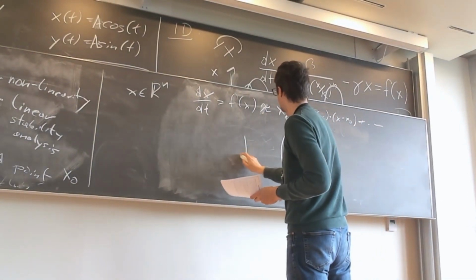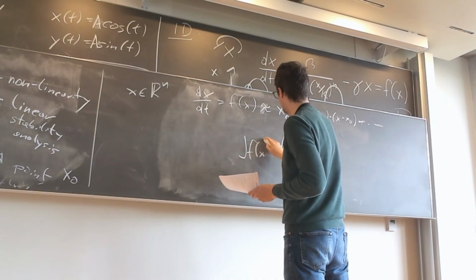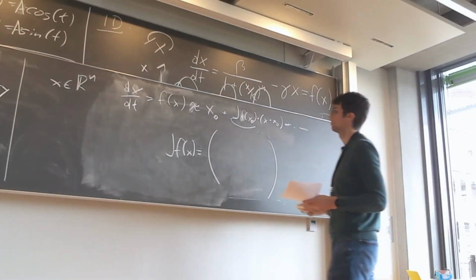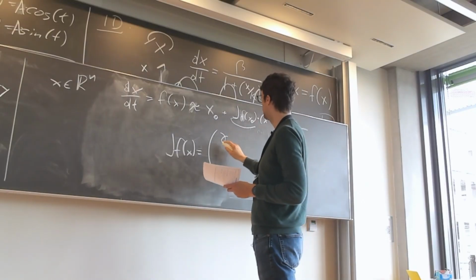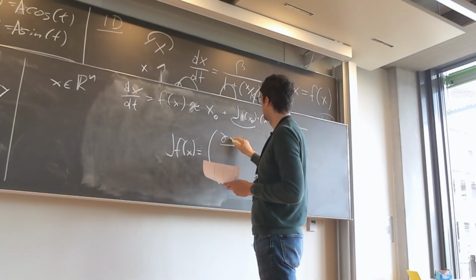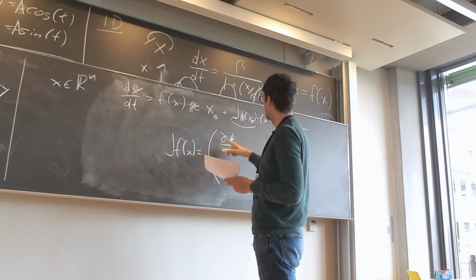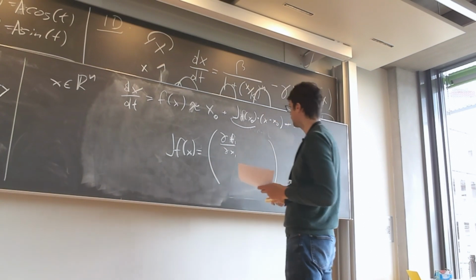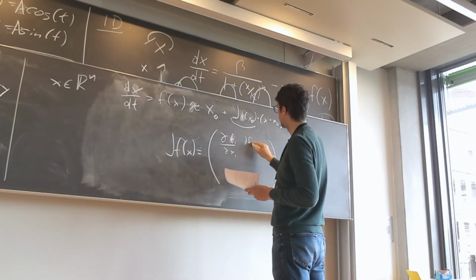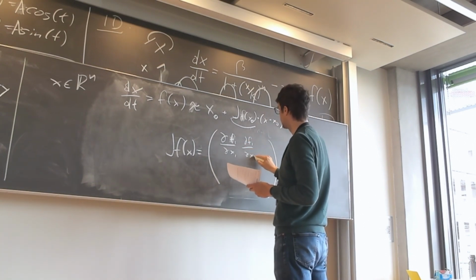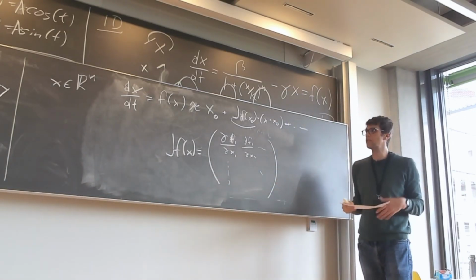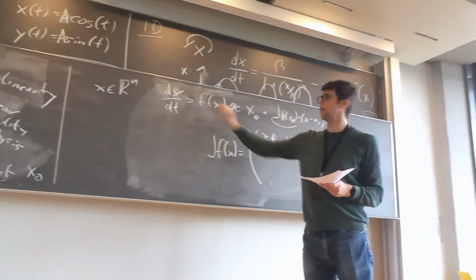So J_f of x will be an n times n matrix, where in the first entry you might have df1 by dx1 and df1 by dx2 and so on in both dimensions. This is just a linearization of your function f.